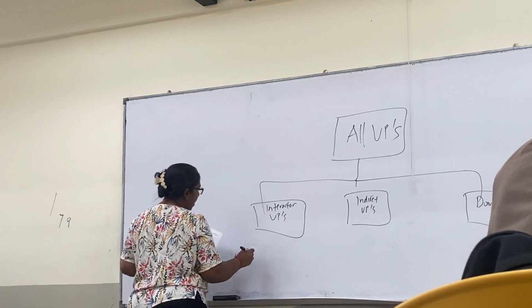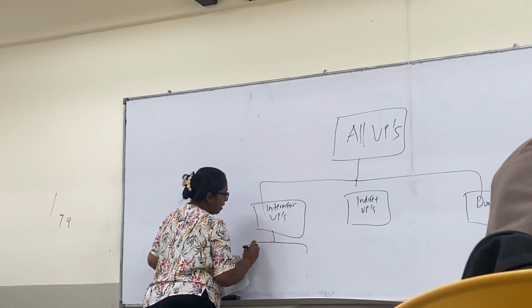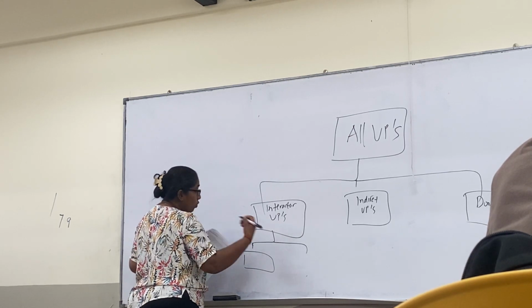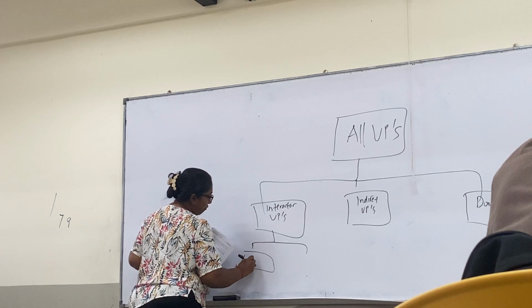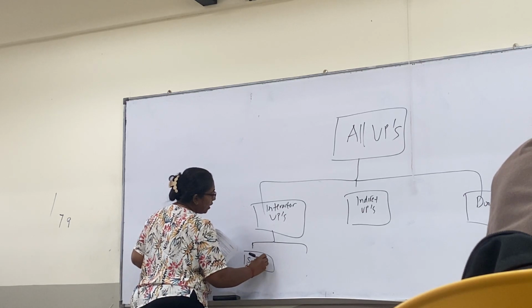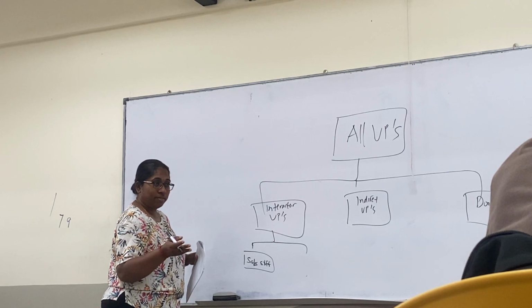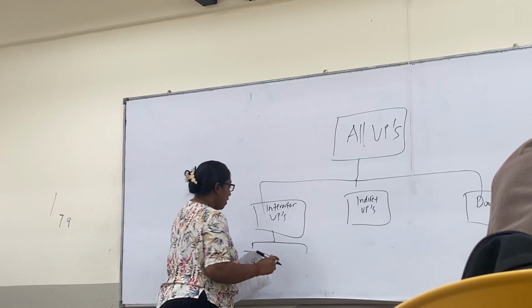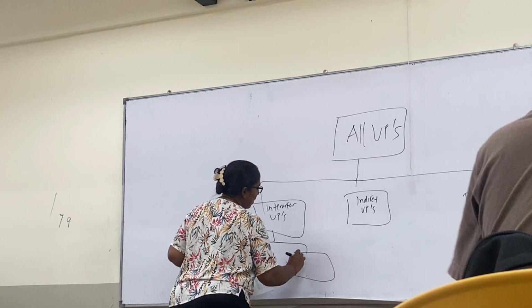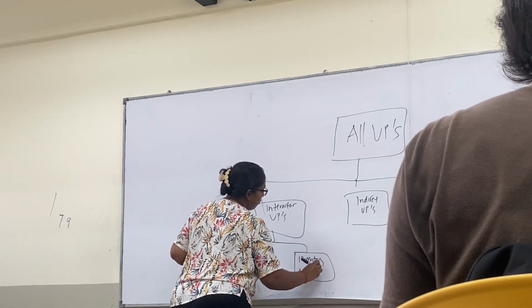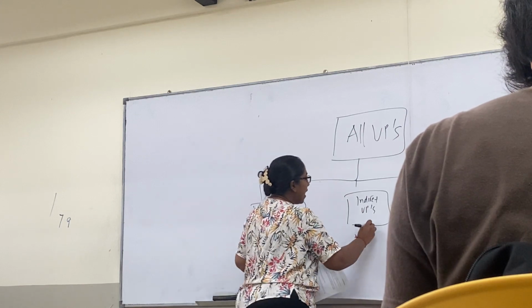For the interactor, based on the case study, the one using the system is the sales staff because they want to create the point of sales system. The next one is inventory staff.